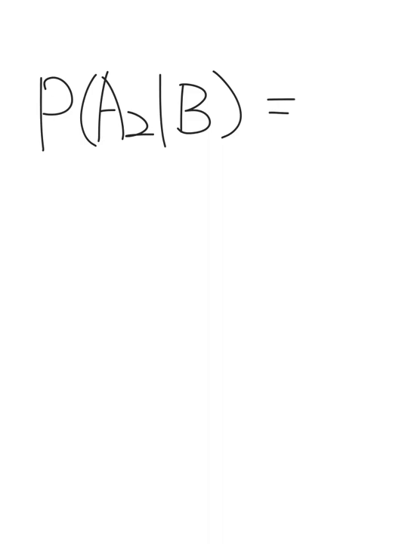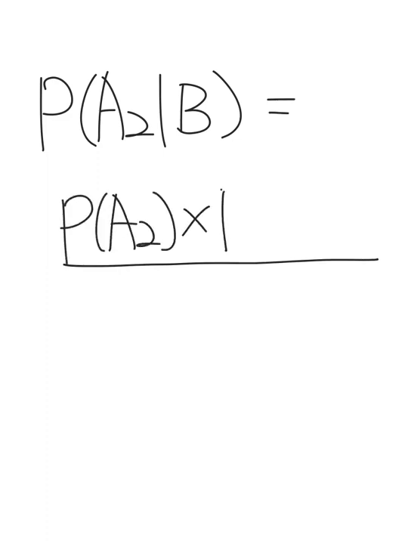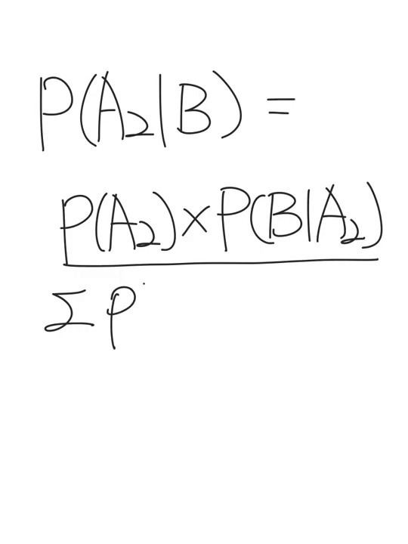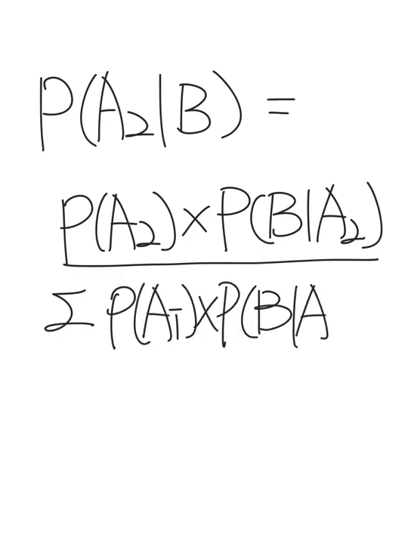I can give you the Bayes rule. It says this is the same as the probability of A2 times the probability of B given A2, and the denominator is simply the probability of B. But by the rule of total probability, the probability of B, just the smokers, was the summation of the probability of Ai times the probability of B given Ai.